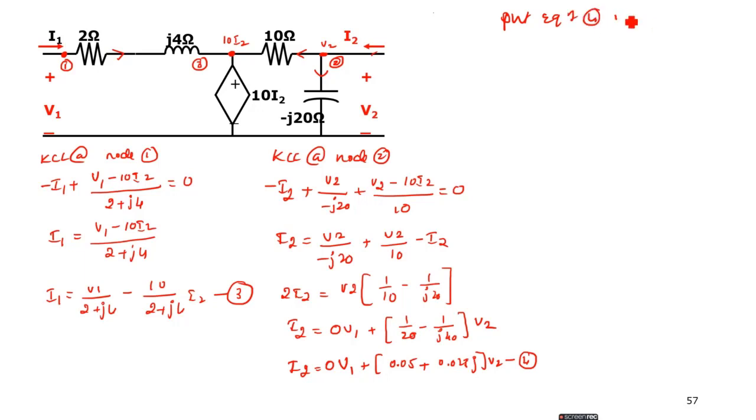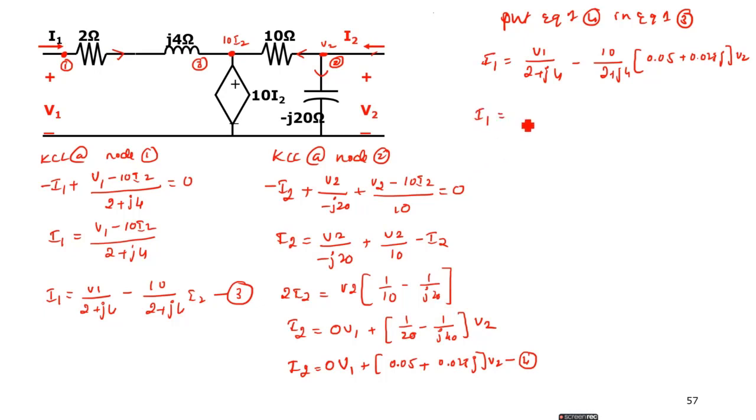Now put equation number 4 in equation number 3. Substitute that. I1 equals V1 divided by 2 plus J4 minus 10 divided by 2 plus J4 into I2, where I2 equals 0.05 plus 0.025 J into V2.